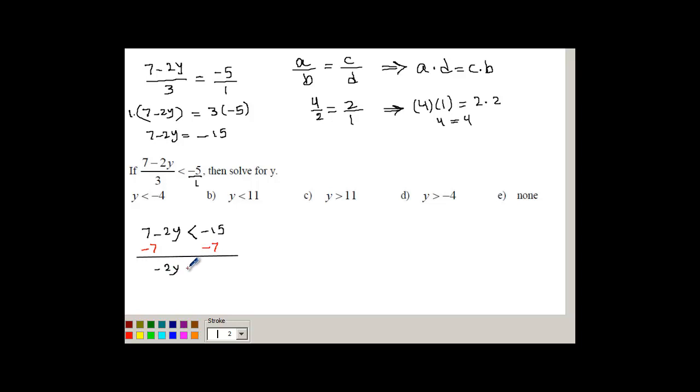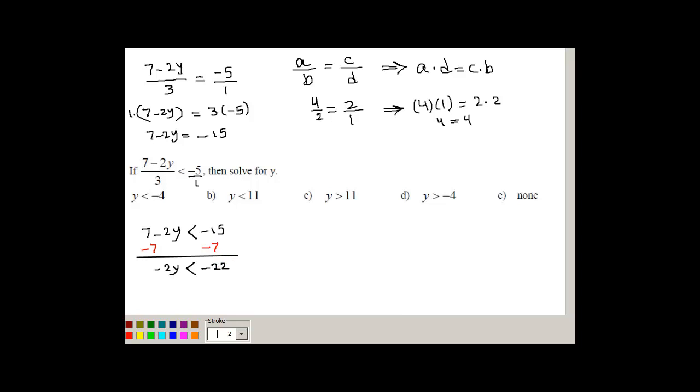You would get negative 2y is less than negative 22. Very good. So just simply adding the 7 gives negative 22.